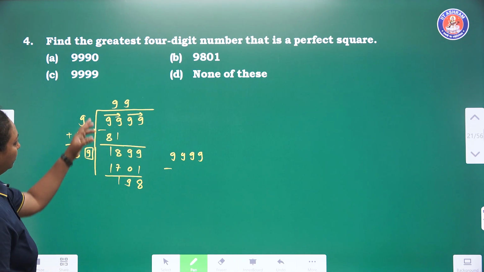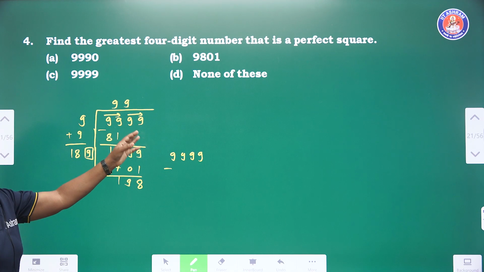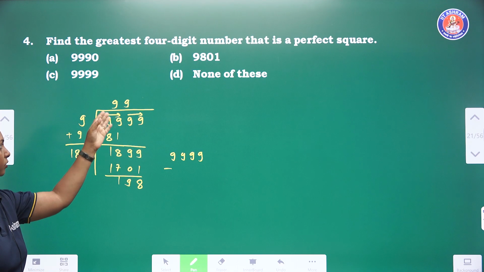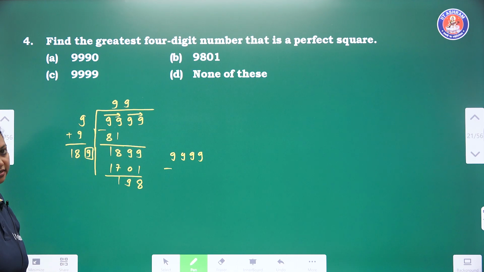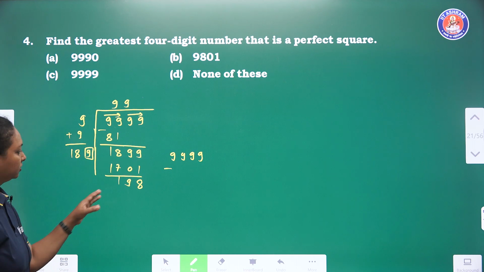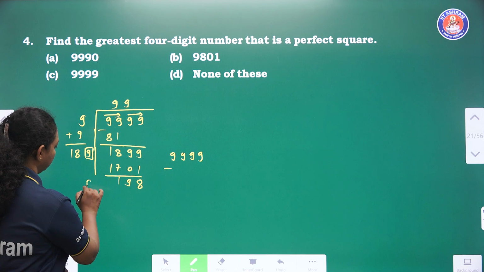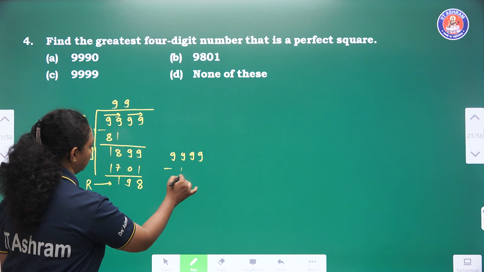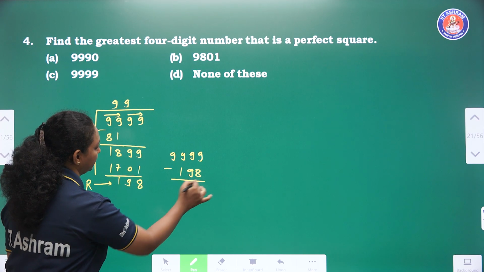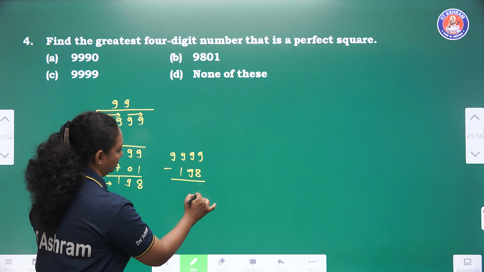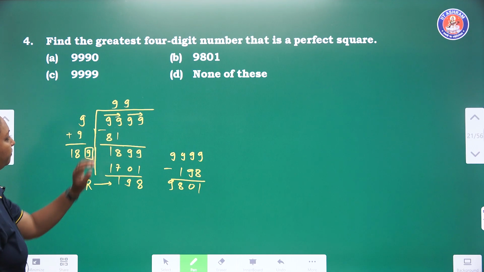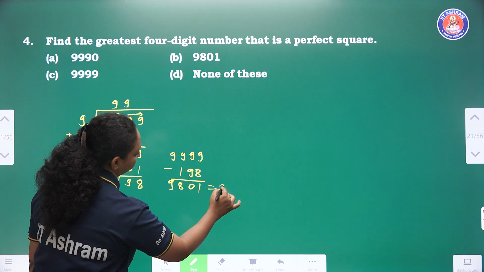What we know is, whenever we find the greatest 4-digit number, we take the approximate square root of this number, so that is 99. Now what is the remainder? This would be the remainder. So when we subtract the remainder from the given number, then we will get the perfect square of 99.